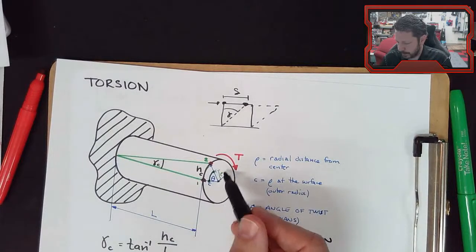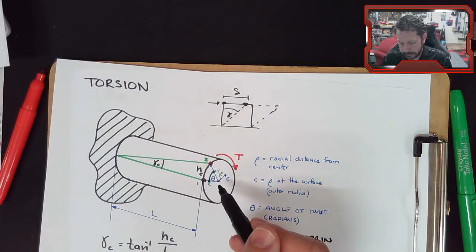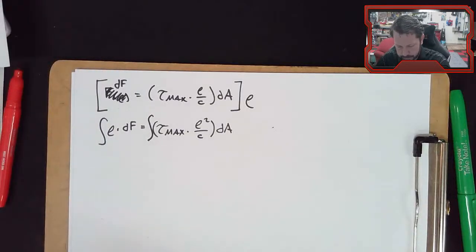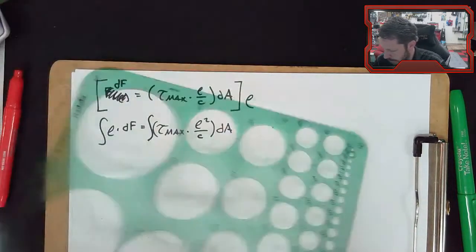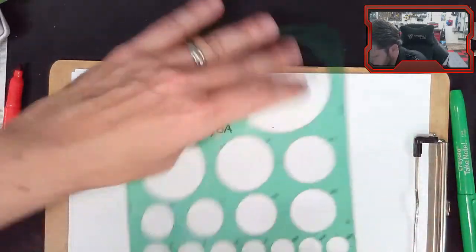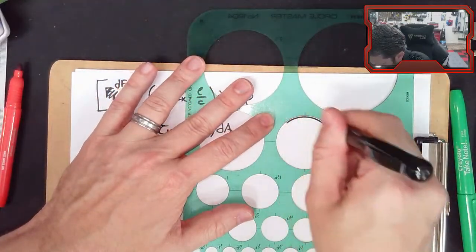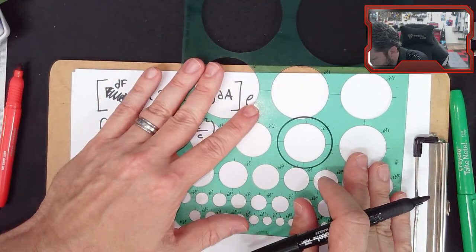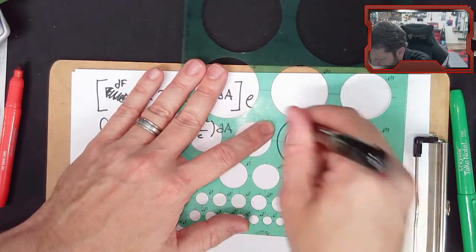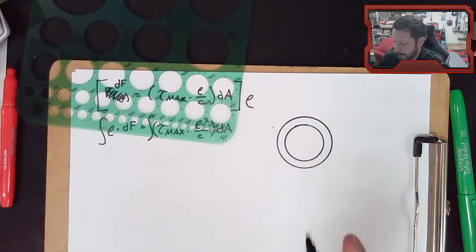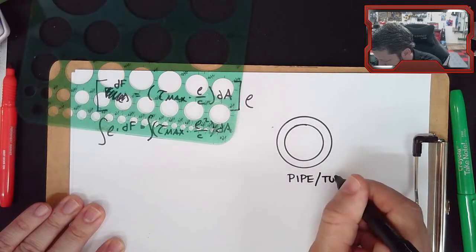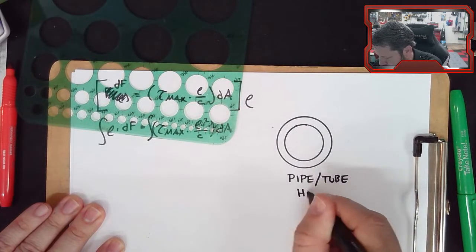Now we don't always have solid shafts. You could have a hollow shaft, and there's another variable that I haven't mentioned yet. Let's go ahead and mention it. So let's just pick this one. This is kind of an aside. All right, so this is a pipe or a tube. It's hollow either way.